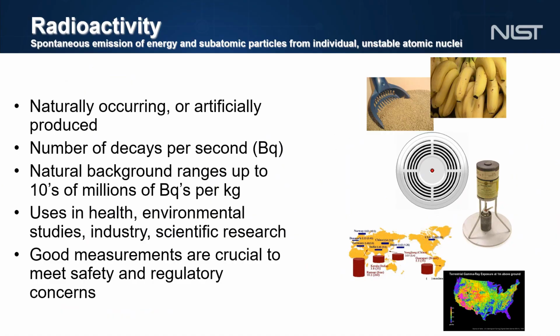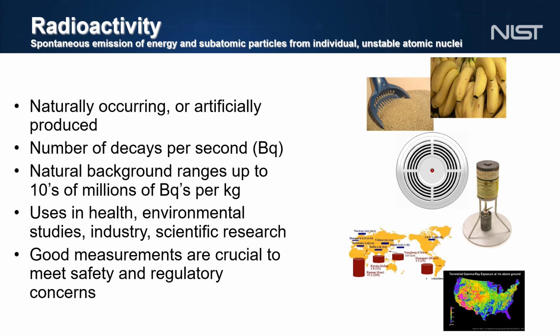The SI-derived quantity, the becquerel, is the number of radioactive decays per second. Radionuclide metrology, therefore, is all about counting. Radioactivity can be naturally occurring or artificially produced. Both result in natural background radioactivity throughout the world, ranging up to millions of becquerels per kilogram.